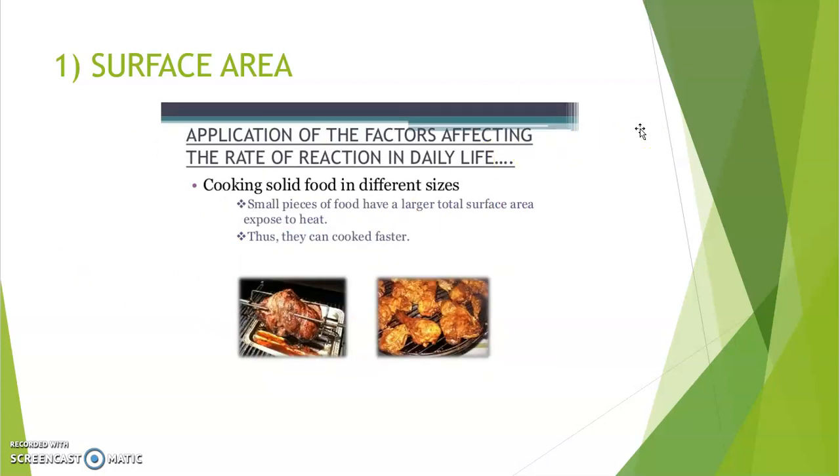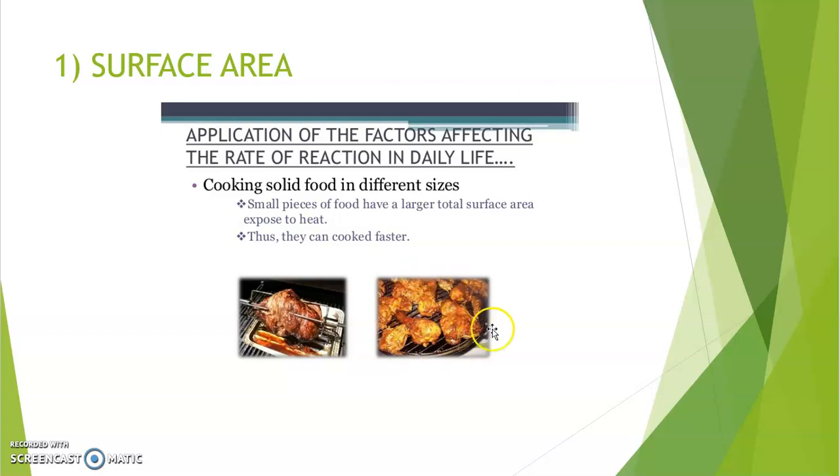Now, you compare these two pictures of chicken. The difference is that this one is 1 unit, and these are smaller pieces. Which one of these has larger surface area? The small pieces, because the heat can be absorbed from all sides, from up, left, down, right, and you have many of them.